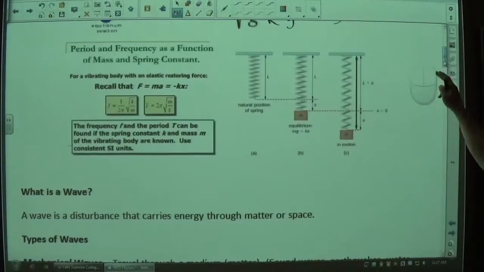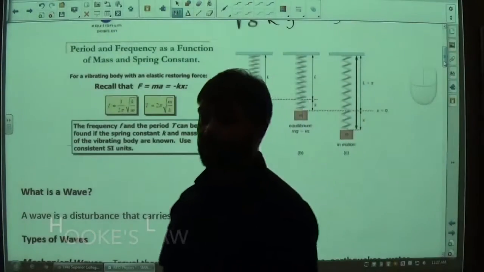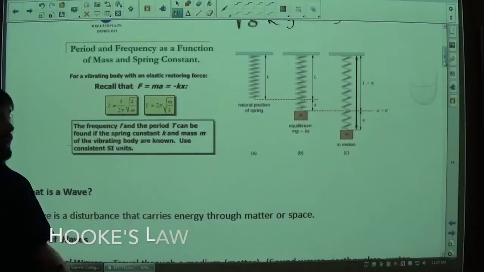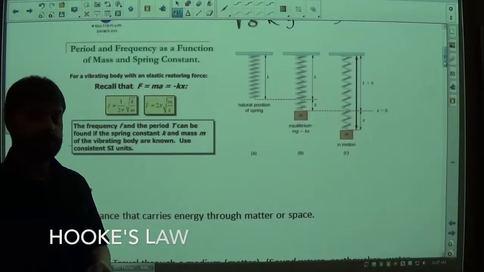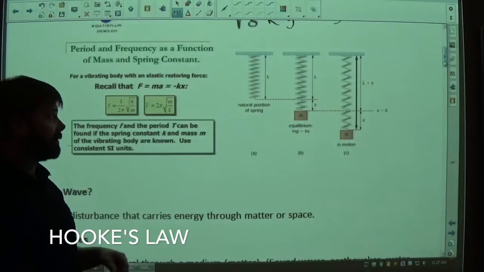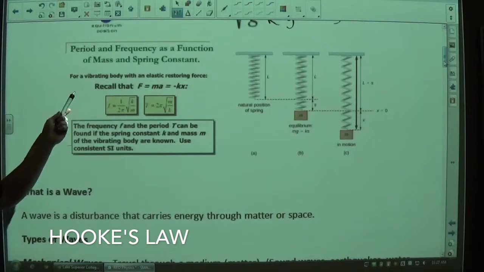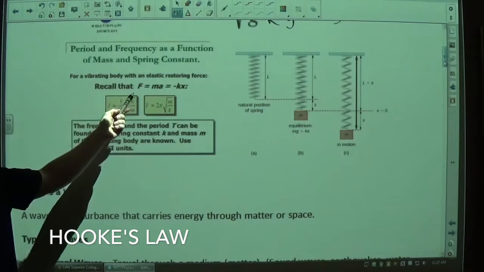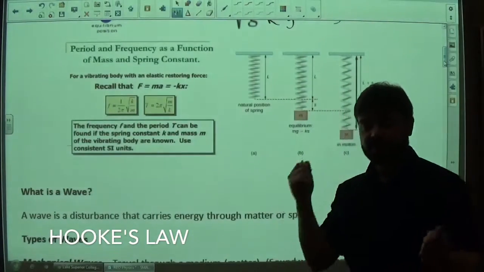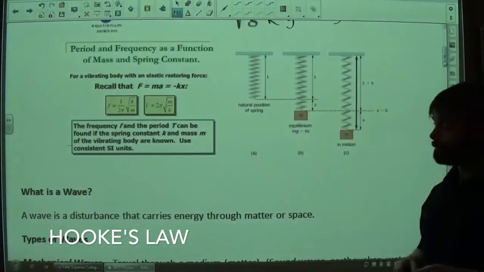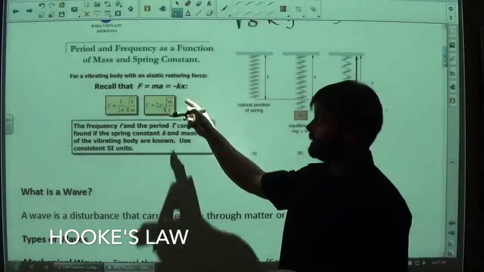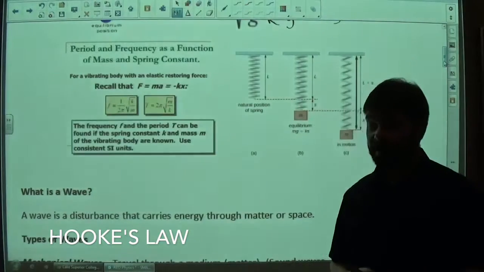Other examples of simple harmonic motion would be springs, oscillations in springs. Classic examples are just suspending a mass from some sort of a spring that can be stretched. This could just be hanging from the ceiling, whatever it may be. There's some application of Hooke's law, which relates force to spring constants and distances that the spring is stretched. Generally speaking, force equals mass times acceleration, which also equals negative kx.